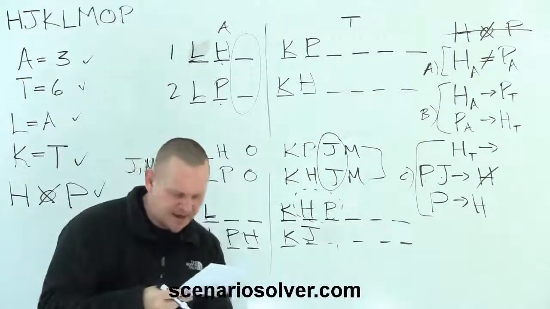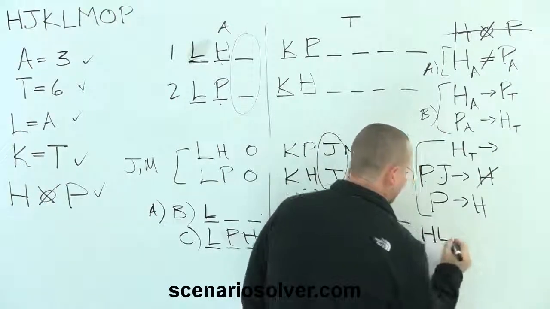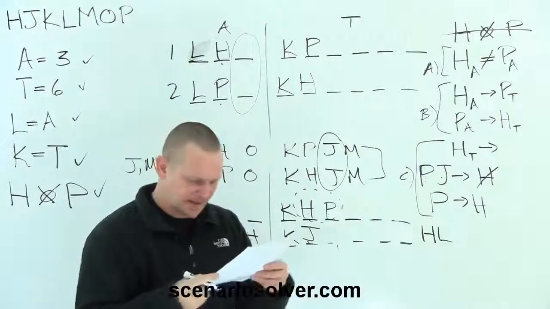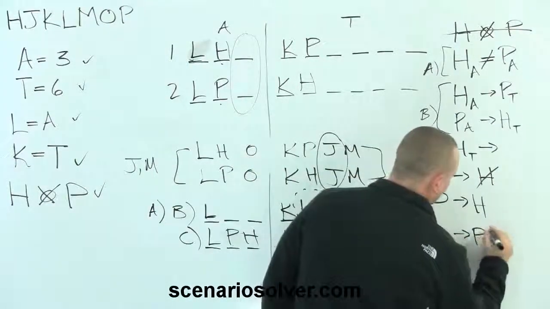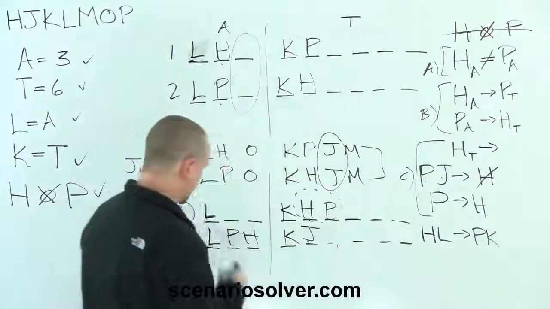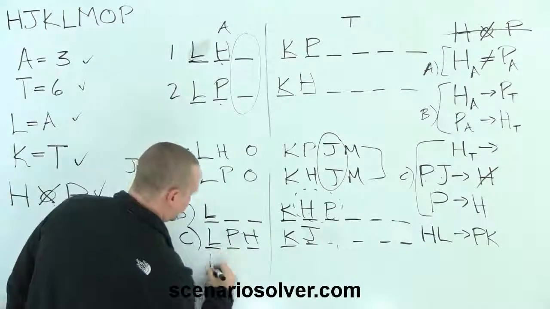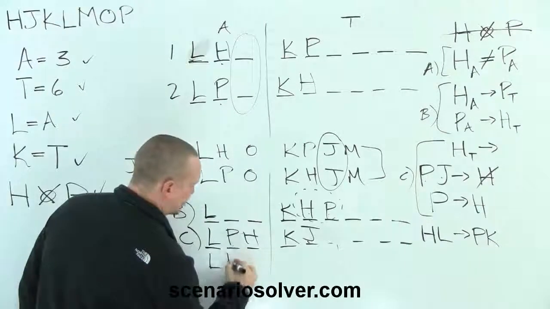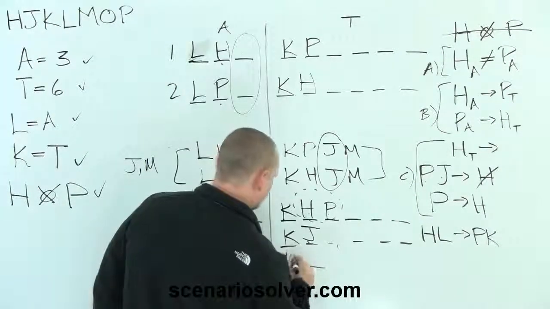Okay, D, if H is appointed to the same court as L, so if we have H and L together, then P and K must occur together. So the bottom line with this rule is that if we place H and L together, then we must place P and K together.